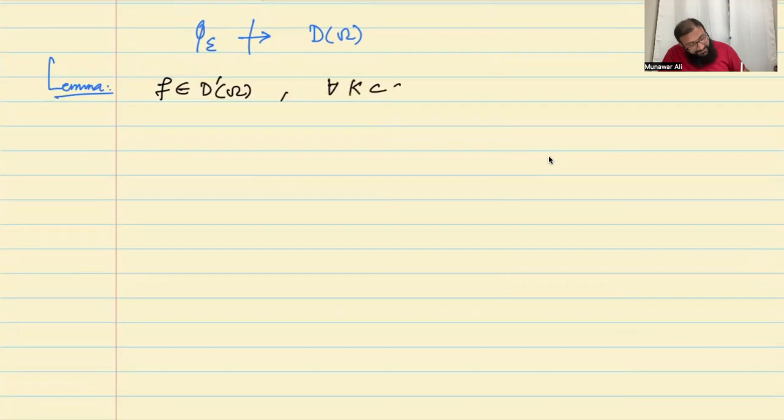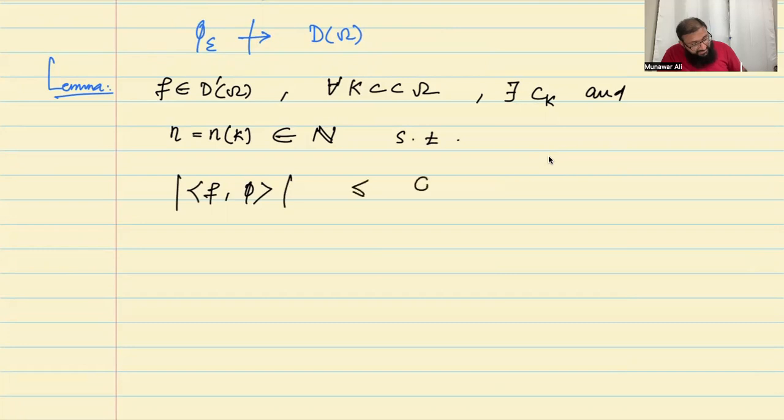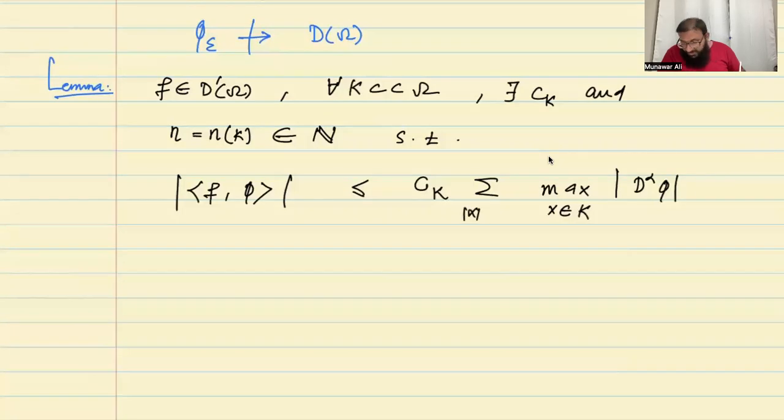For all K which are compactly contained in omega, there exists a constant C_K, and N also depends on K, which is a natural number, such that whenever f is acted on phi, its absolute value is bounded by some constant C_K times the maximum of all the derivatives of phi, with x belonging to the compact set K, and the sum is over all alpha less than or equal to N_K.